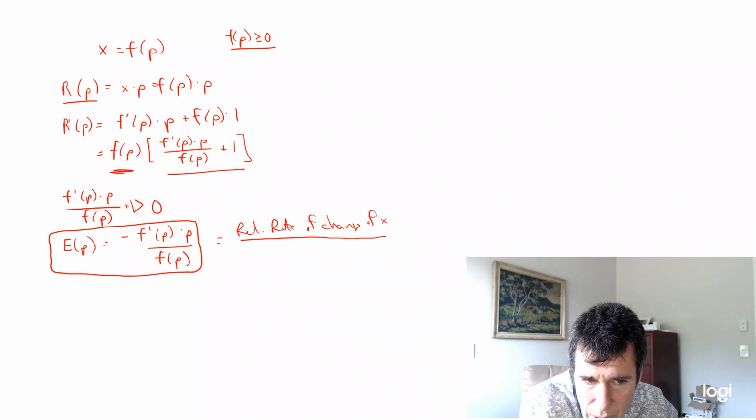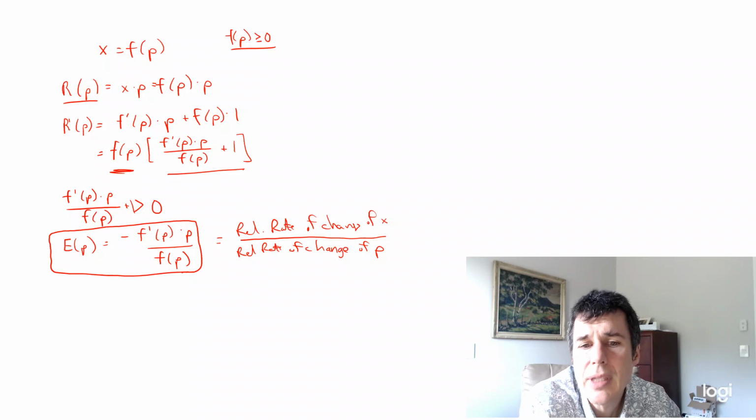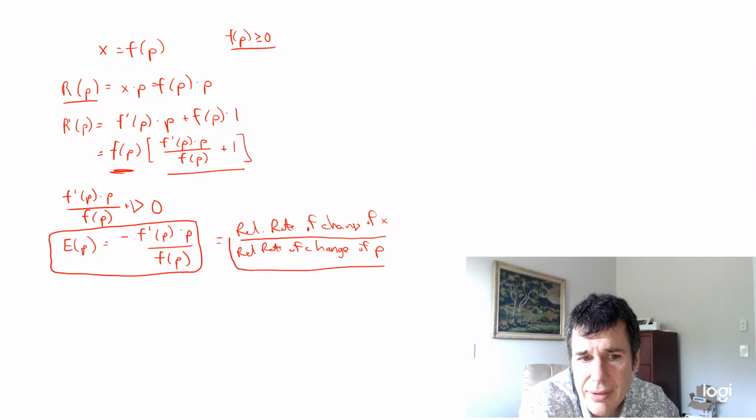That's like having a 1 over P in the denominator. This is our relative rate of change of P. Okay, so that's often how we're going to define elasticity of demand.